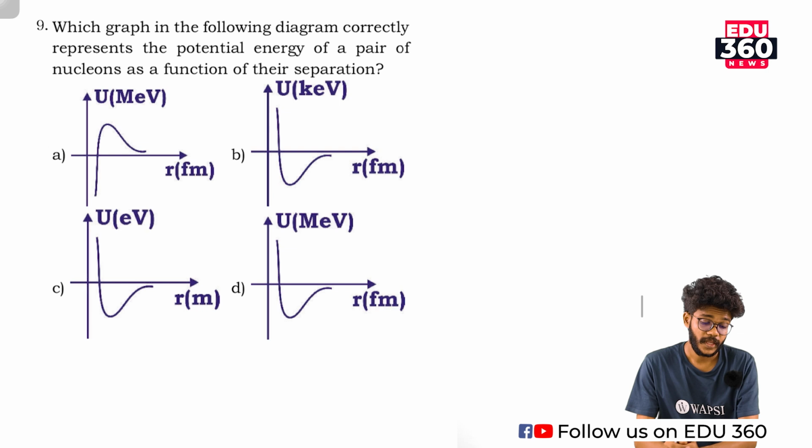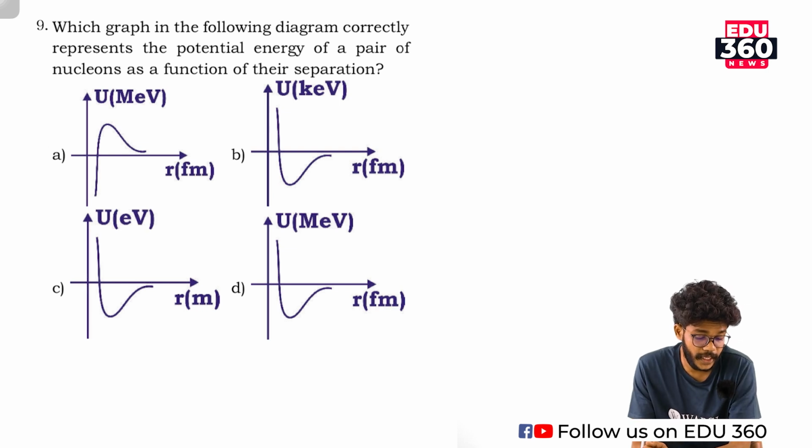9th question. Which graph in the following diagram correctly represents the potential energy of a pair of nucleons as a function of their separation? See, the units are in mega electron volt, because we know that the binding energy for one nucleon, the energy created by the one nucleon by its mass, is 950 mega electron volt.